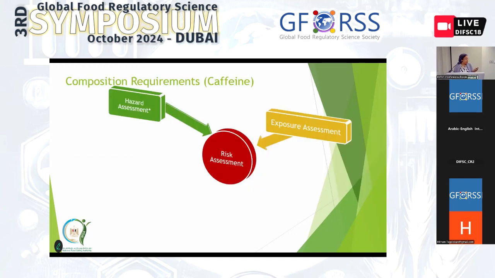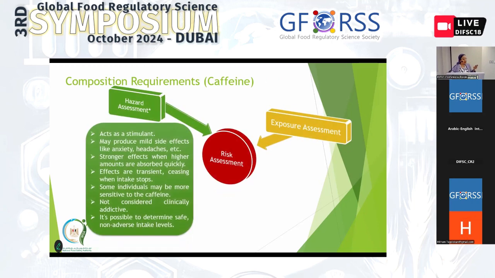The third risk came from the composition, and the main composition of energy drinks, as mentioned before, was caffeine. So to assess the risk coming from caffeine, we made a hazard assessment and an exposure assessment. The hazard assessment of caffeine was mainly that it acts as a stimulant, may produce mild side effects like anxiety, headaches.